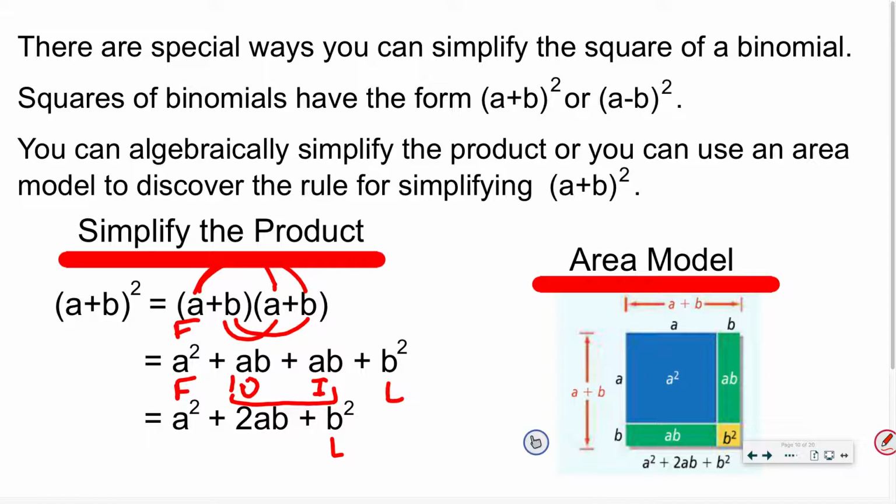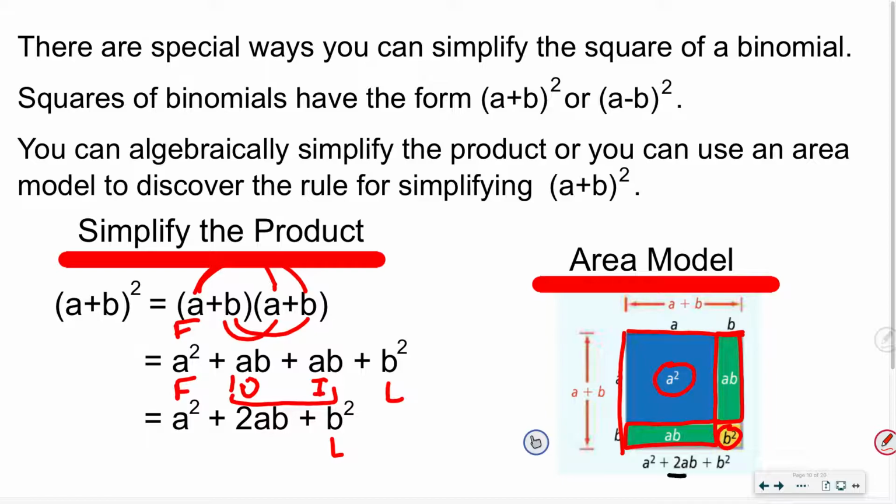So that's why we can double. If you need to see it in an area model, this tends to be very clear for certain people. If I have A plus B times A plus B, that first term squared is represented by A squared. The second term squared is represented by B squared, but I'm still getting these two rectangles, both of which have the same size, which is where that 2AB comes from.